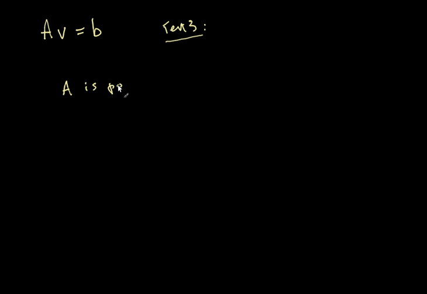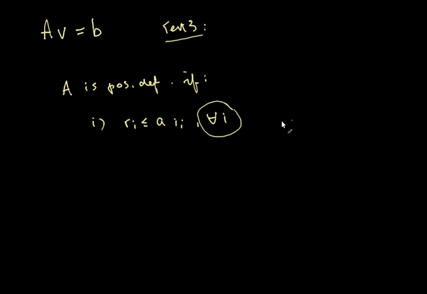A is positive definite if 1. Ri is less than or equal to Aii for all i. And when they say for all i, it means for i going from 1 to m times n, because your A has m times n rows and m times n columns.